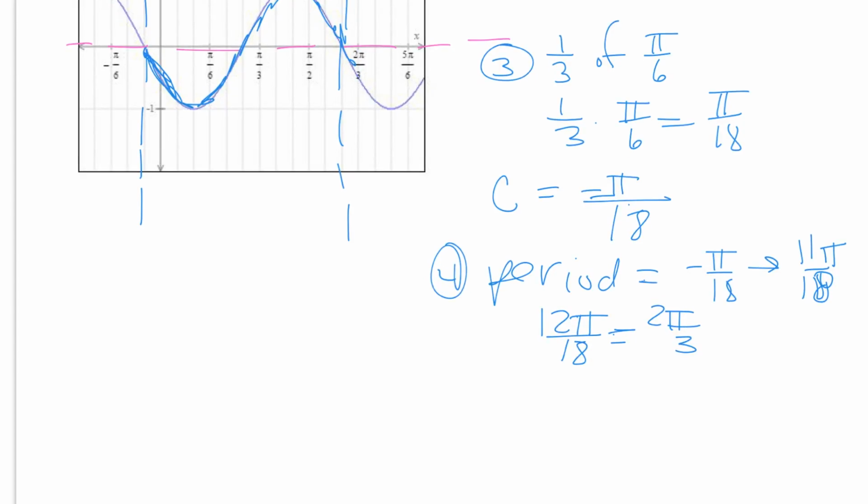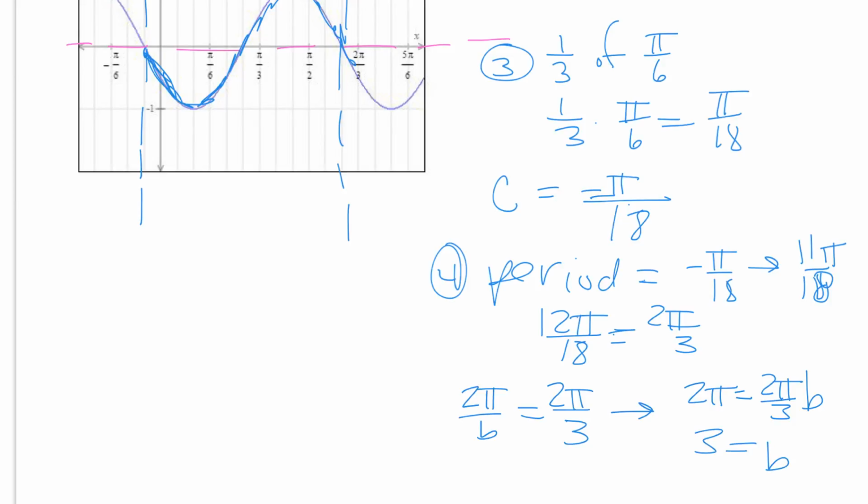Then we can go ahead and find b from there. So 2 pi over b is going to be equal to 2 pi over 3. If we multiply both sides by b, we get 2 pi equal to 2 pi over 3 times b. And then multiplying by that reciprocal, we get our b value to be 3. And from here, we can go ahead and write our equation.